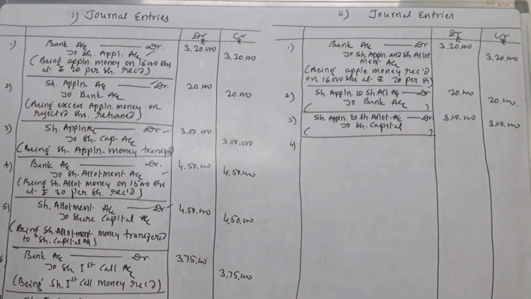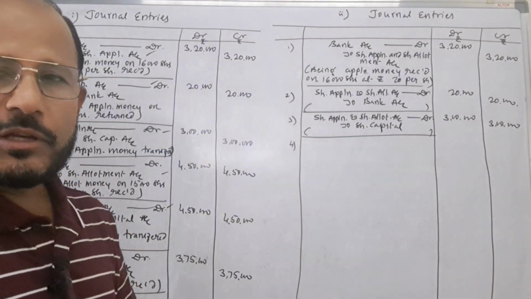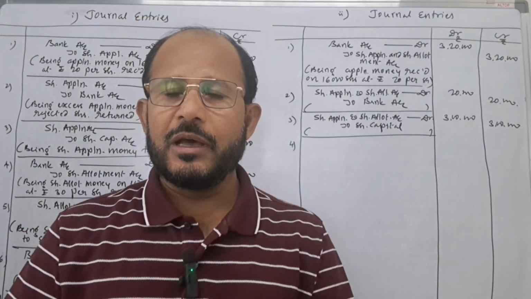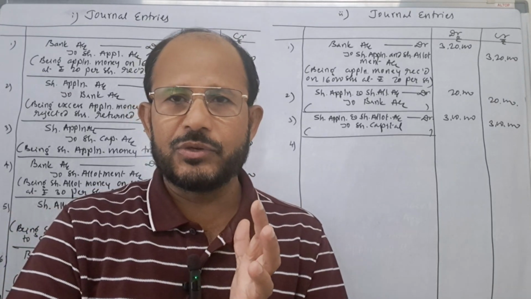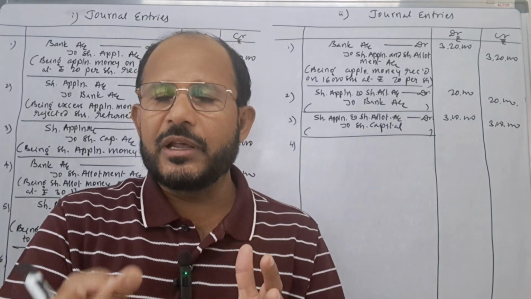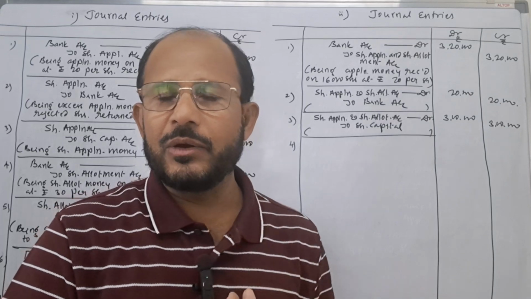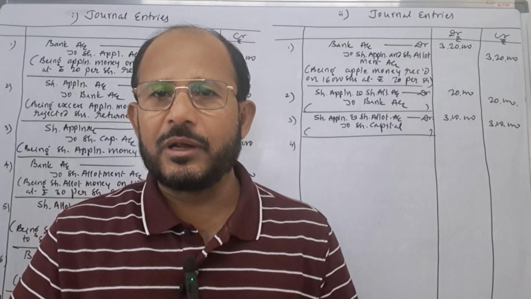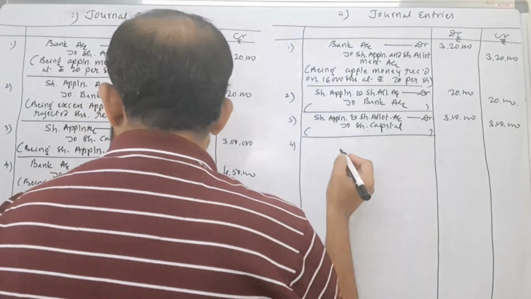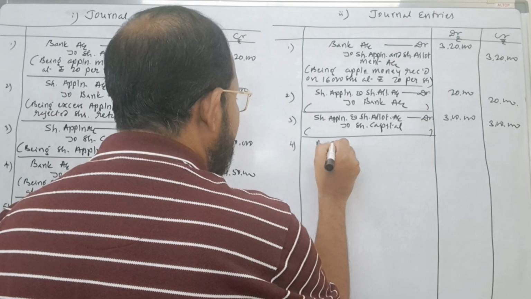Come to the fourth one. What is the fourth one? When the allotment money was received. See, when the allotment money was received, we pass the journal entry: share allotment account is to be debited, right? But instead of share allotment, under this method, what are we doing? We are going to take share application and allotment account. Okay, bank account is to be debited as usual.